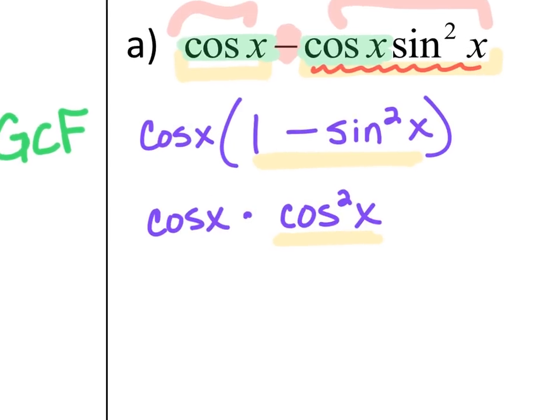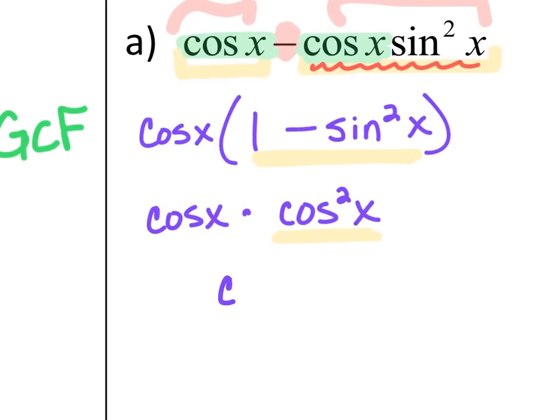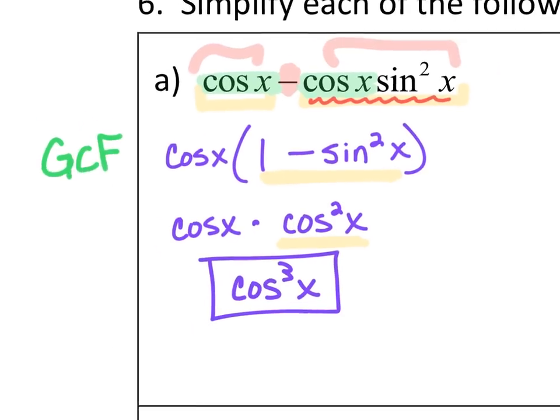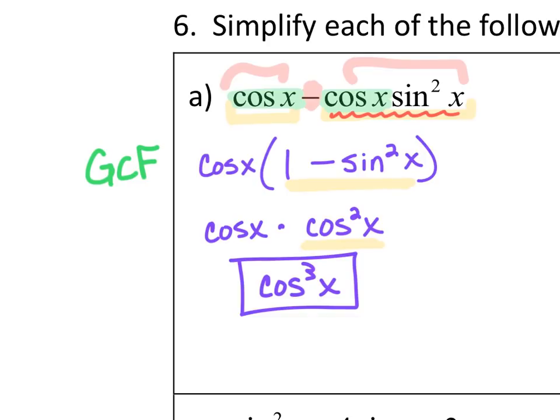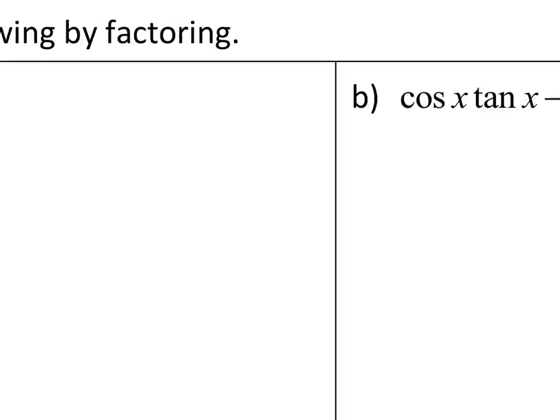Cosine of x times cosine squared of x will give me cosine to the third power of x. So that's factoring using a GCF, or factoring out a GCF. Let's look at problem B.